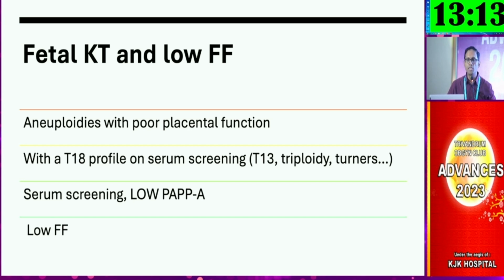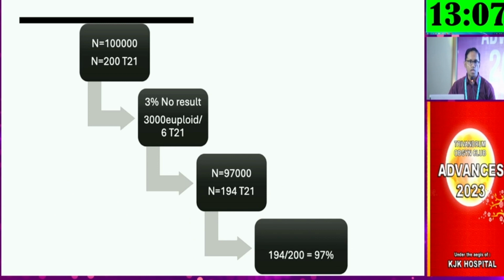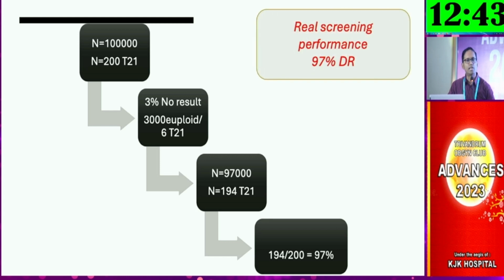Now, right at the beginning, I said that most companies claim a detection rate of 99%, but that's not true. If you look at a 3% no result rate, for example, if you have 1 lakh women going in for NIPT, and 3% of them will get a no result, you would miss out on 6 of the 200 Down syndrome babies that would be present in that 1 lakh, if you look at the incidence of Down syndrome in general, which means you would have a detection rate of around 97%.